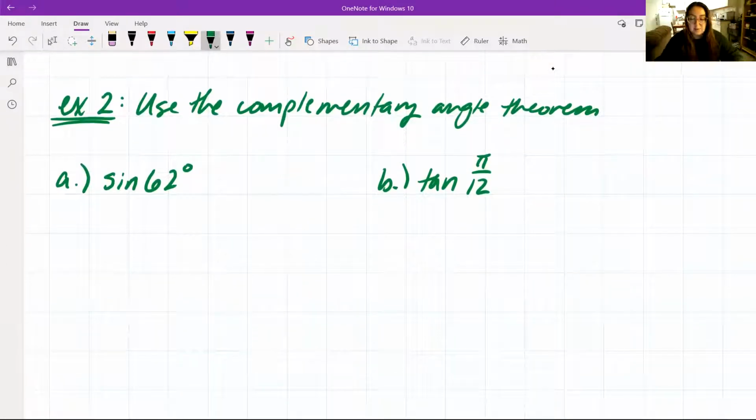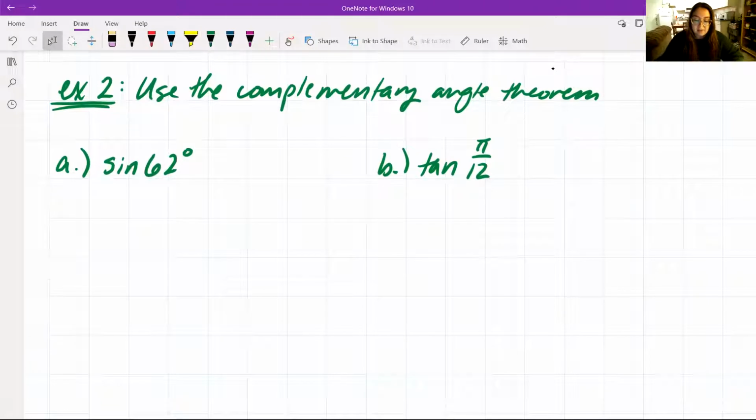So for our example, we want to use the complementary angle theorem in order to find the values of A, sine of 62 degrees, and B, tangent of pi over 12. Starting with A, we have sine of 62 degrees. First off, let's identify what our complementary angle is going to be.